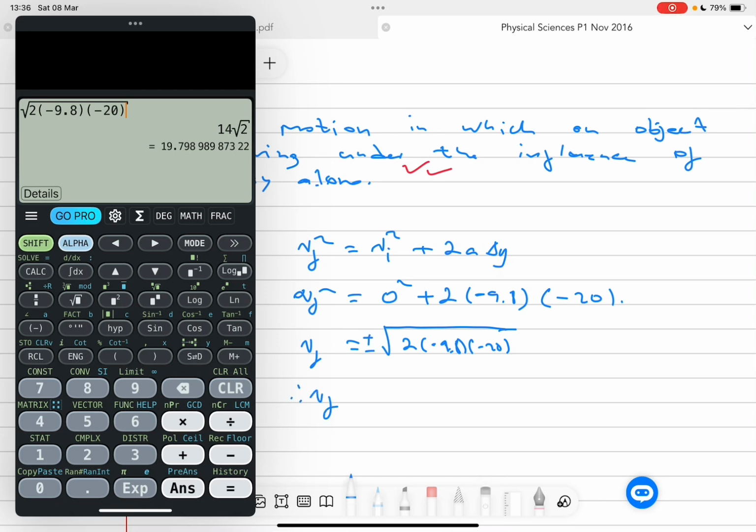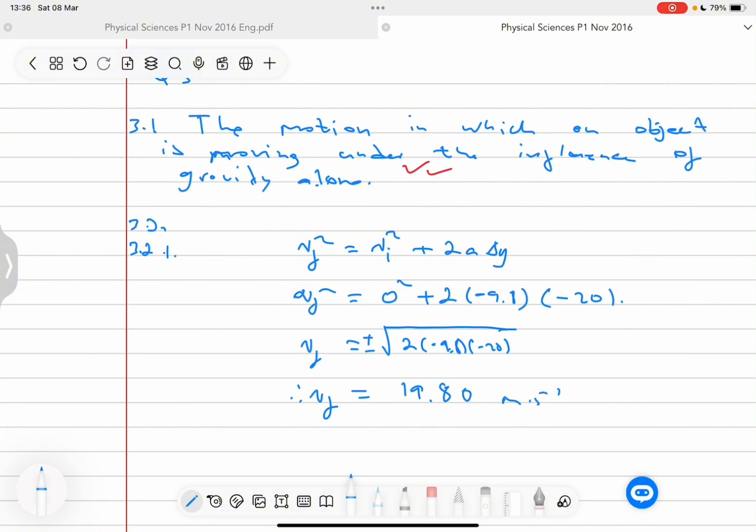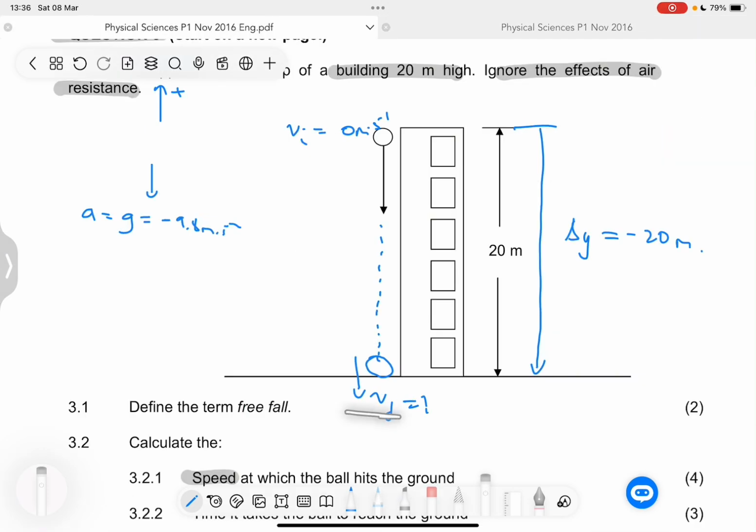So this means here our final velocity would be 19.80 meters per second.